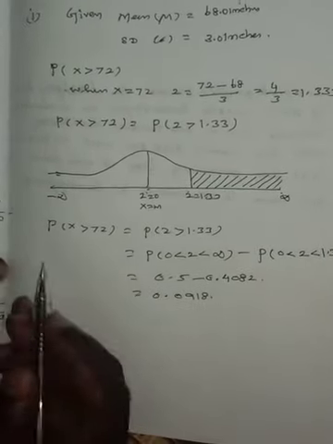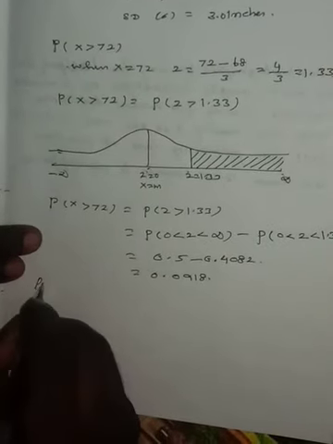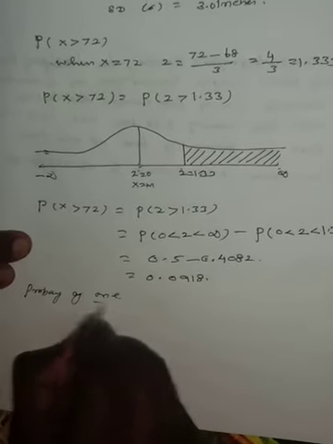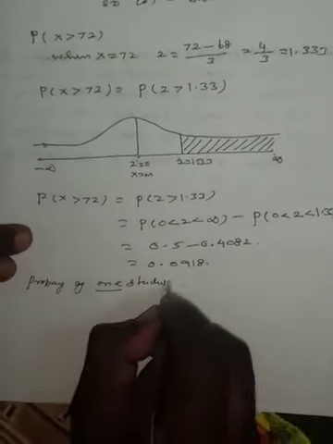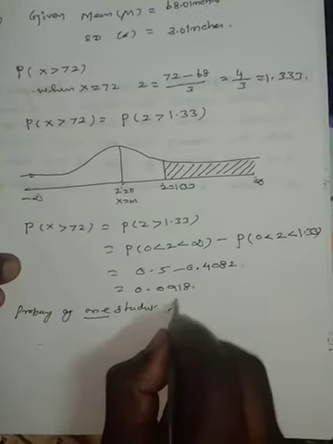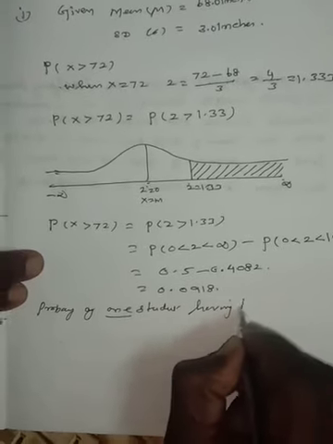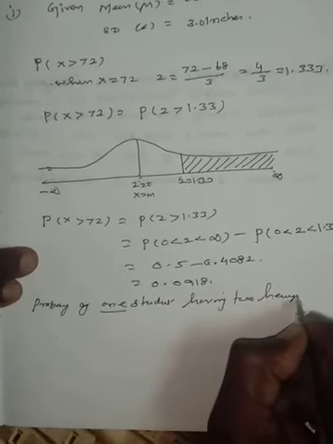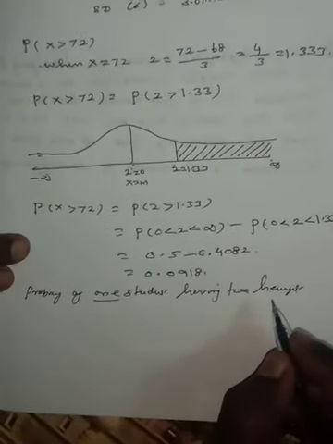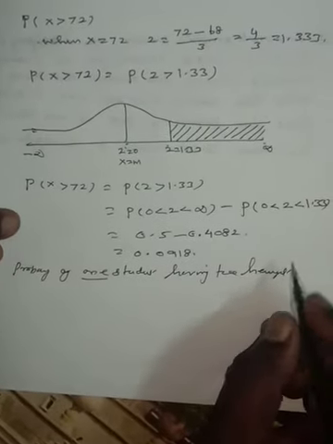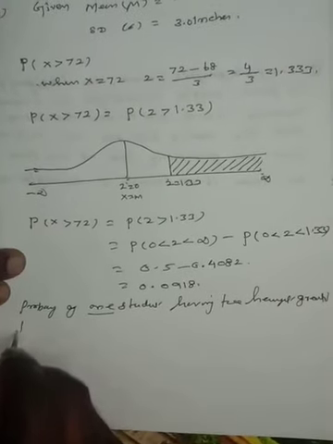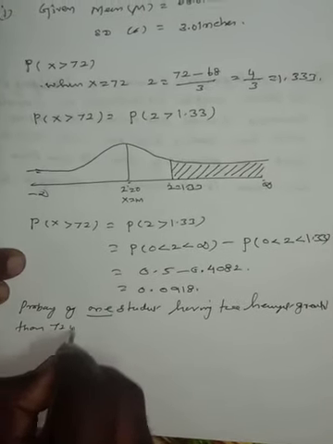So the probability of one student having a height greater than 72 is 0.0918.